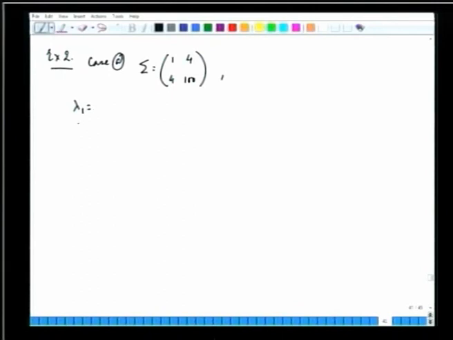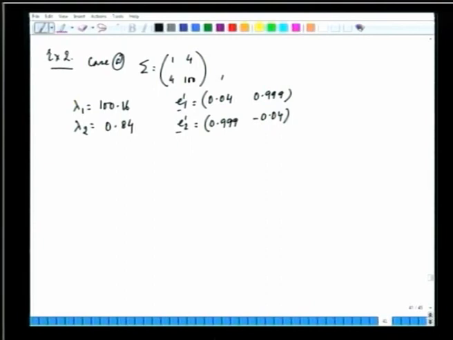From the sigma matrix, I have two eigenvalues, lambda 1 and lambda 2, and these are 100.16 and 0.84. The corresponding orthonormal eigenvectors are E1, this is 0.04, 0.999, and E2 is 0.999, minus 0.04.